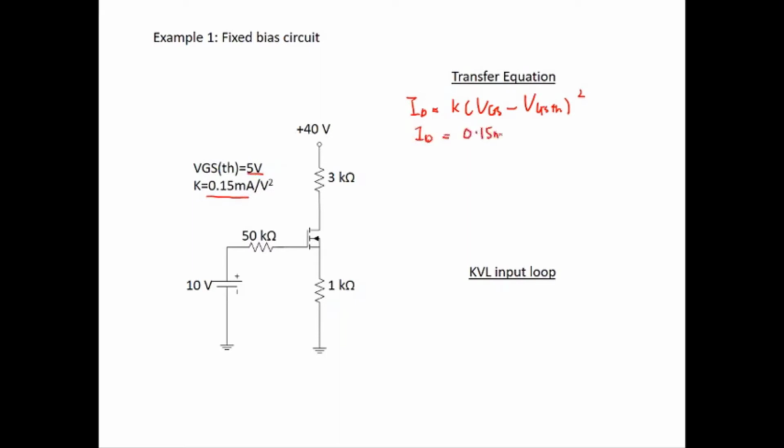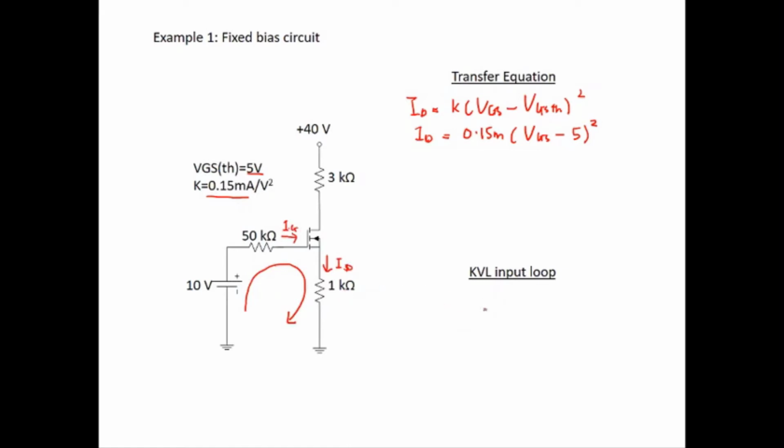ID equal to 0.15 milli times (VGS minus 5) squared. So this is your first equation. Okay, and then the next step is you do the KVL at the input loop. The loop will be clockwise because, as I mentioned, the common direction for the drain current and source current is in this direction. This is ID.